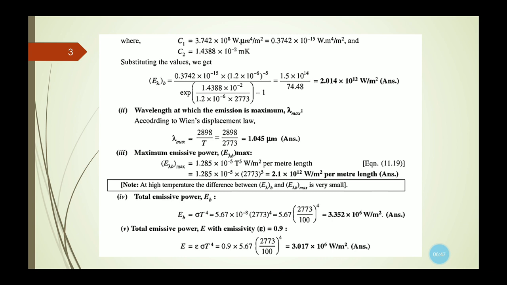So this is the formula for maximum emissive power. Here the value of capital T, the temperature, is given in this question as 2773. If we put this value here, we will get the maximum emissive power. This comes as 2.1 multiplied by 10 to the power 12 watt per meter square per meter length.